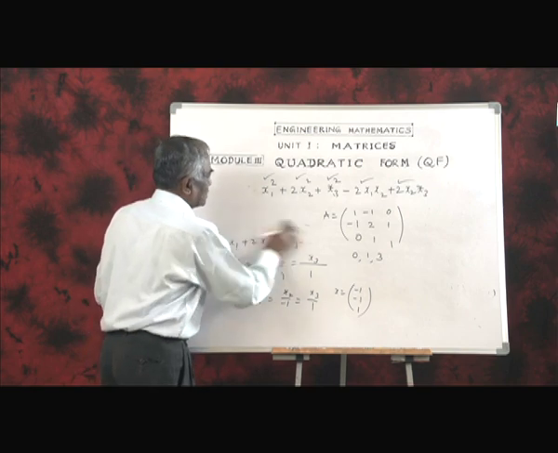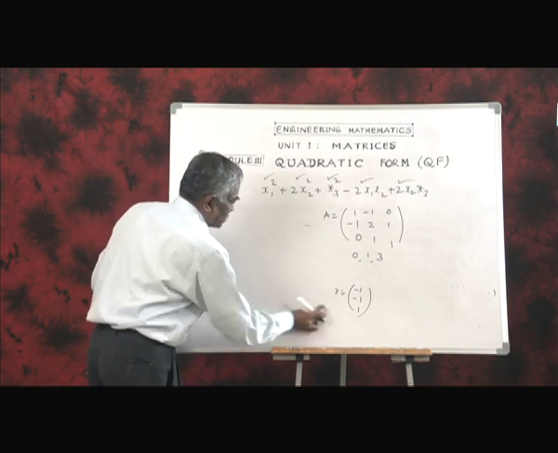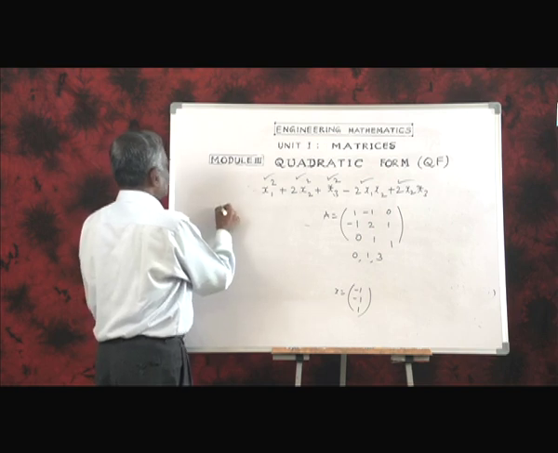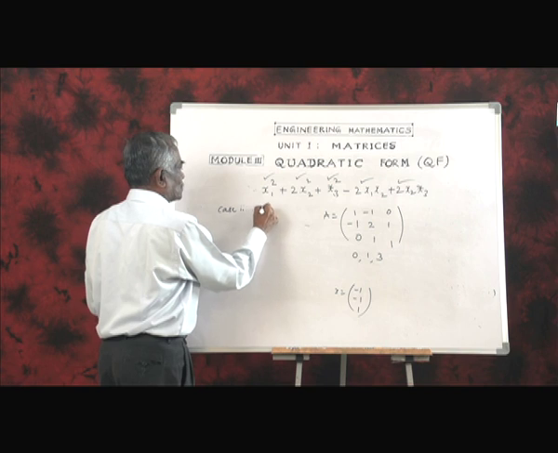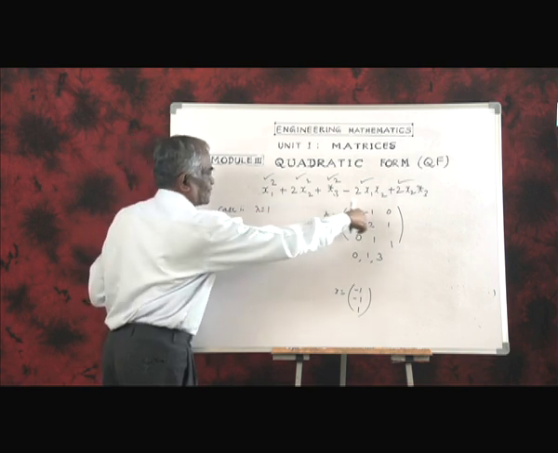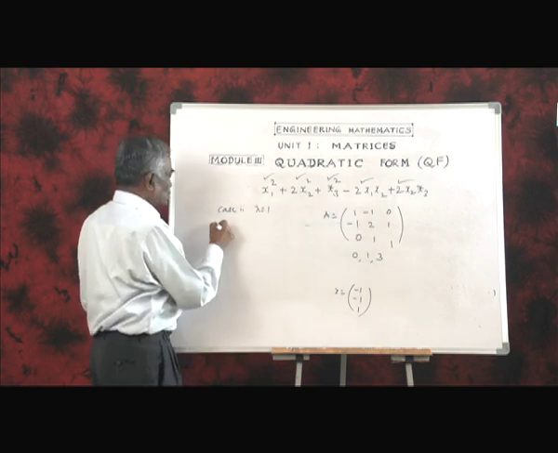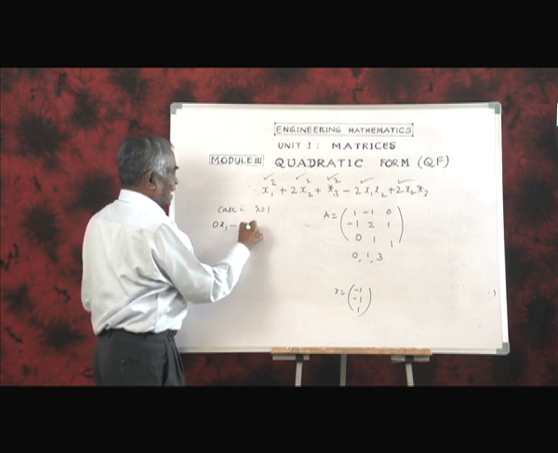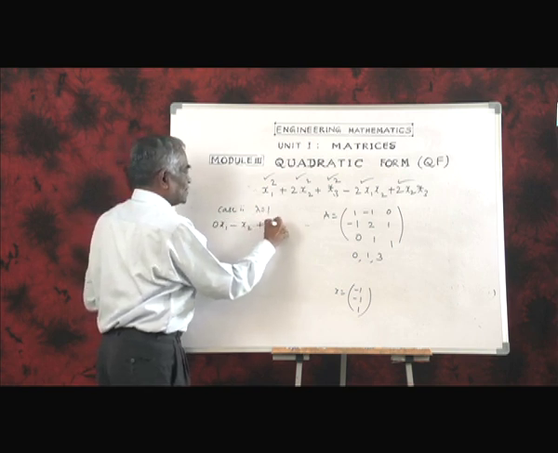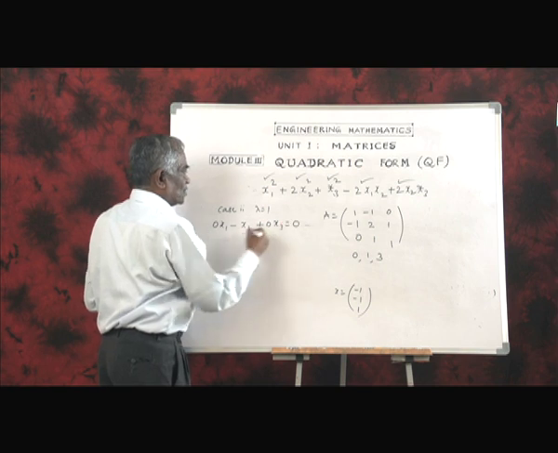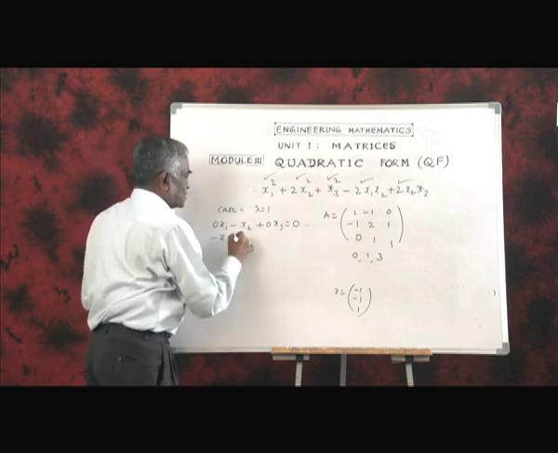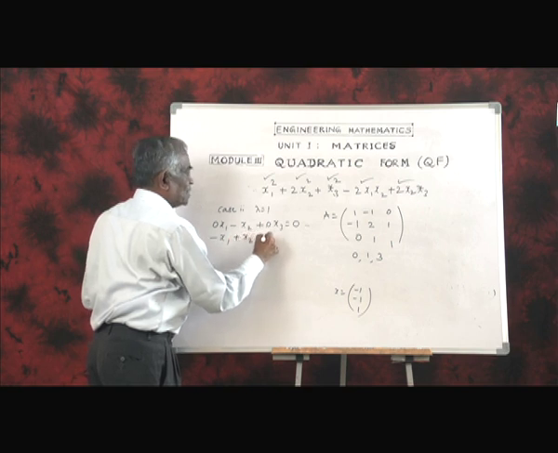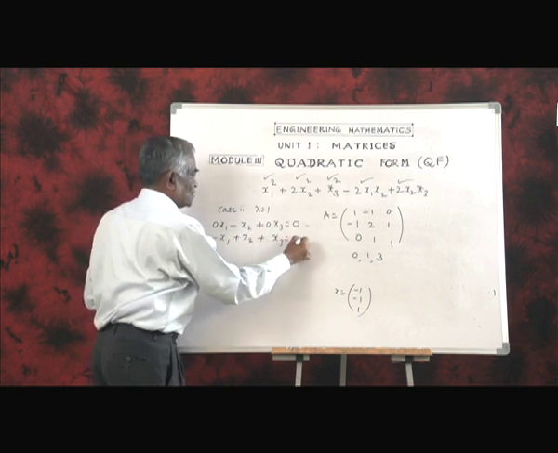Now we go to the second case, case 2, that is to find the eigenvector corresponding to lambda is equal to 1. So subtract 1 from the leading diagonal elements. So 0 x1 minus x2 plus 0 x3 is equal to 0, minus x1 plus 2 minus 1, that is 1 here, so plus x2 plus x3 is equal to 0.